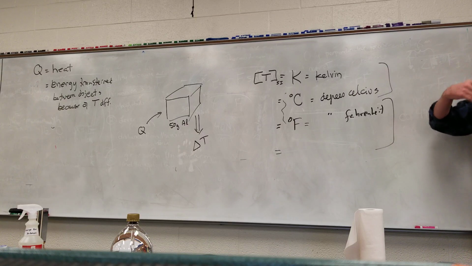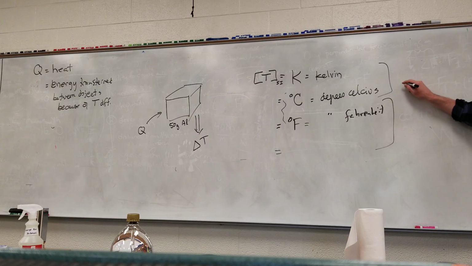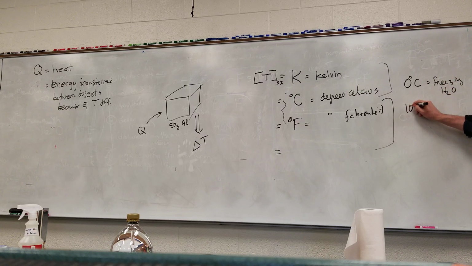Actually, before we do that, let me give a little bit of background here. So degrees Celsius is based upon 0 degrees Celsius being the freezing of water, 100 degrees Celsius the boiling point of water.